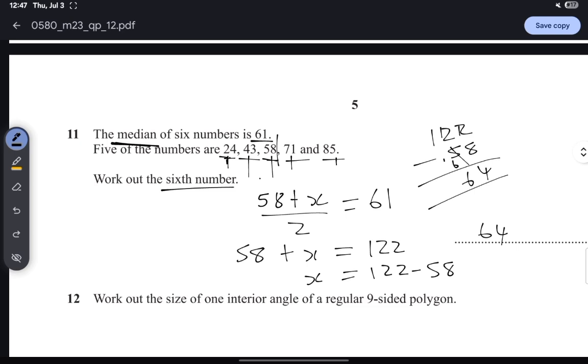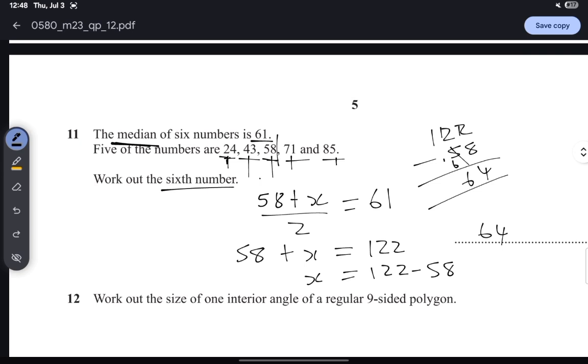And as you can see, the median is 61, which is greater than 58. So it means the middle number is between 58 and some other number, right? We're saying 58 plus a certain number divided by 2, right?